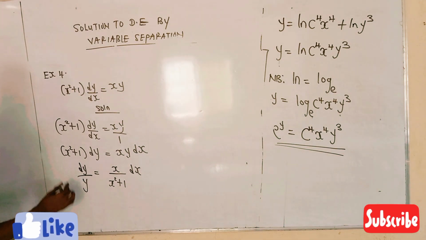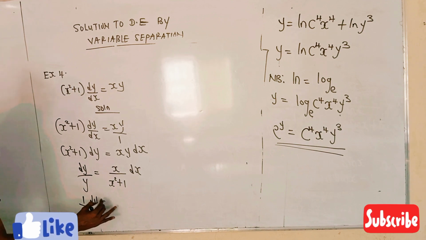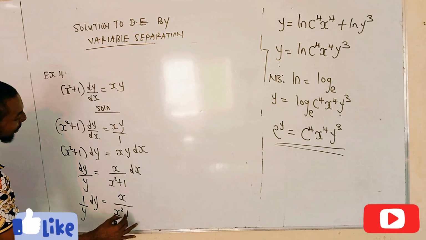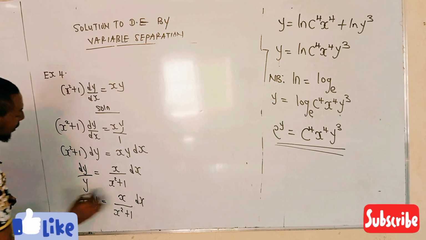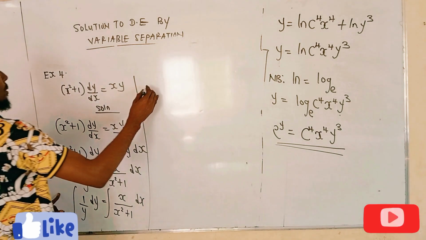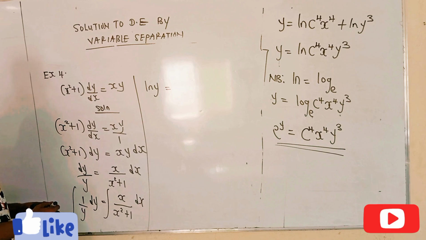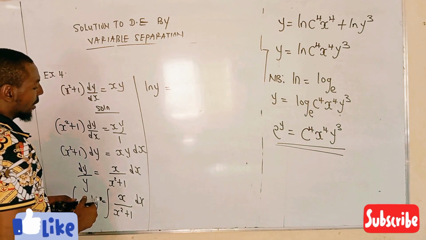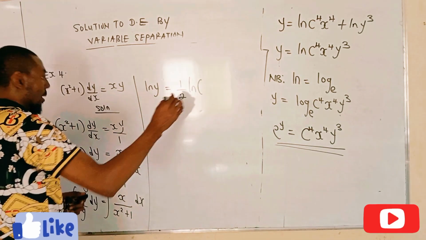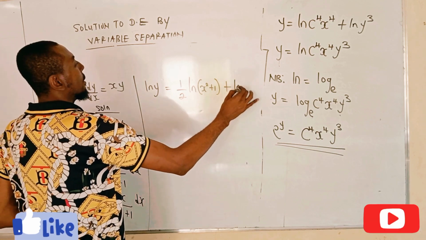We integrate both sides. So with 1/y dy equal to x/(x² + 1) dx, integrating both sides we have ln y equal to 1/2 ln(x² + 1) + ln c.